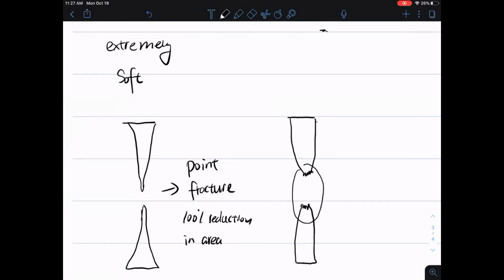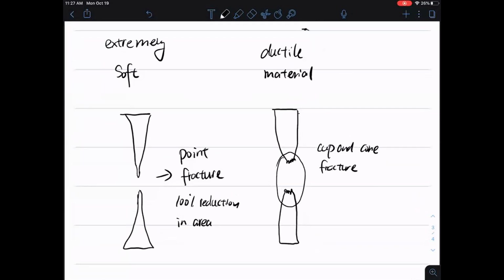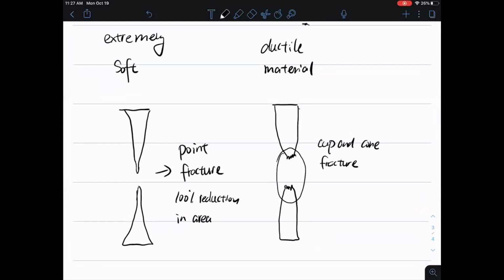So in the fracture surface, you will see cup and cone fracture. This is ductile material. So for ductile material, you're going to see that rough surface.